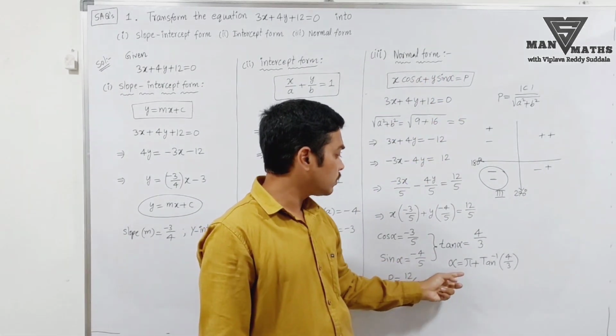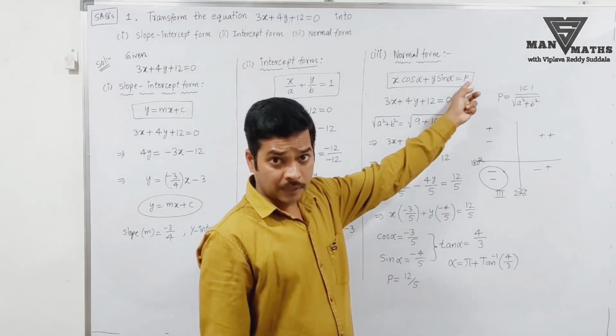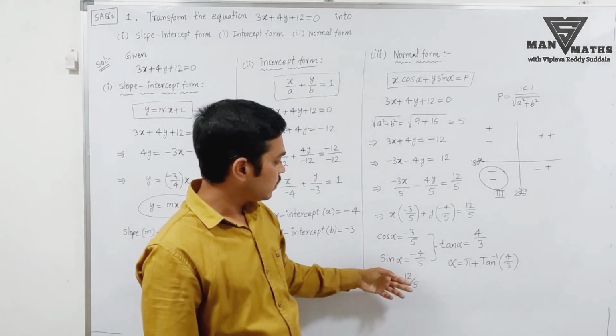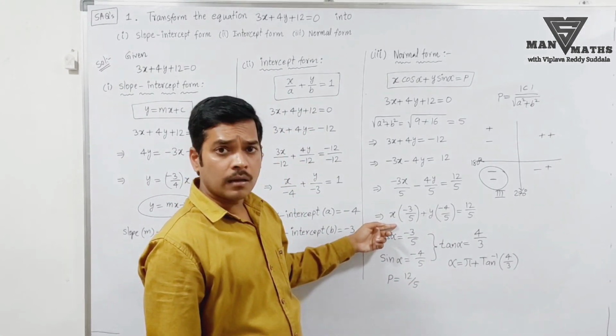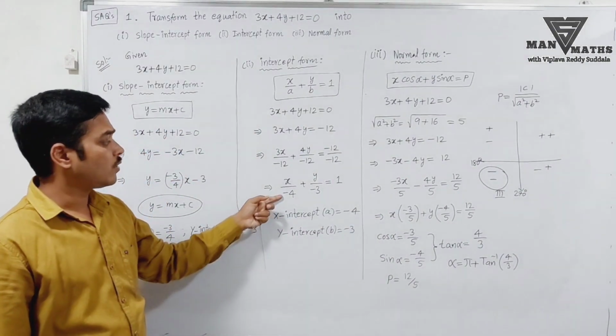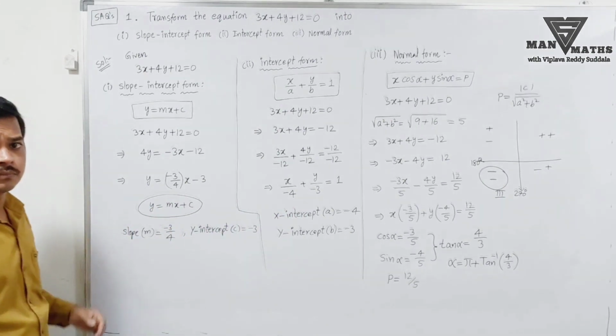Alpha is equal to pi plus tan inverse of 4 by 3. P is the perpendicular distance from the origin to the given line, that is 12 by 5. So this is the normal form of the given line. We covered intercept form, slope intercept form and normal form.